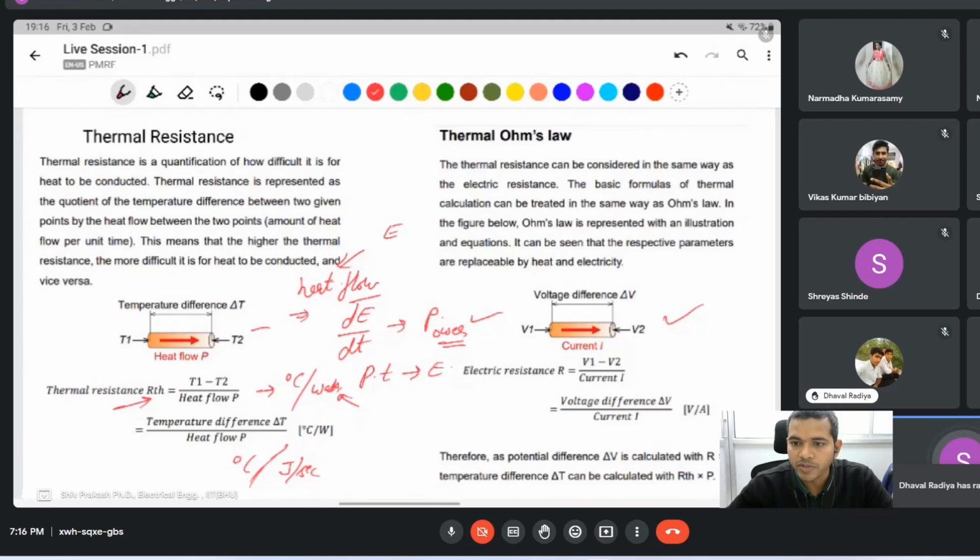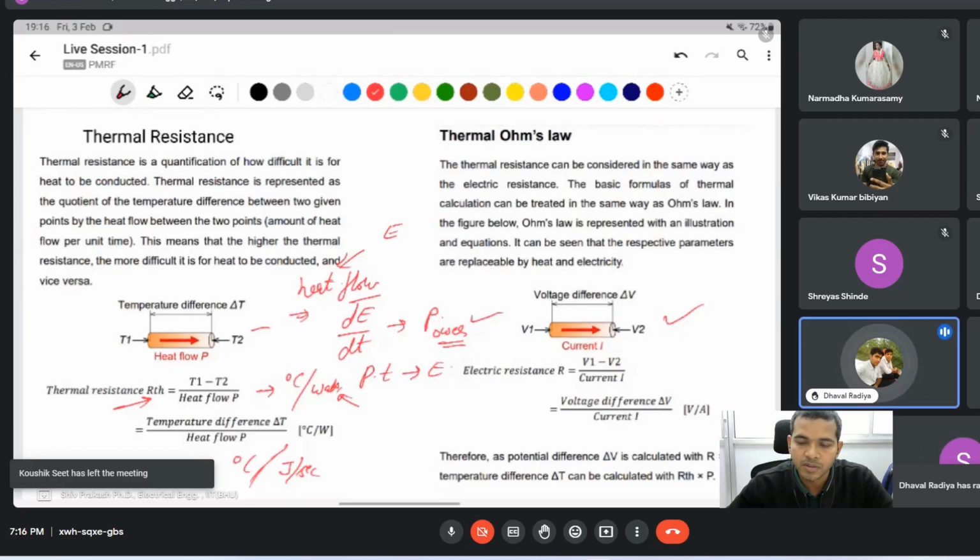The student asks: Sir, I was watching a lecture, and it said the unit should be either degree Celsius per watt or degree Kelvin per watt, but you wrote degree Celsius per joule.